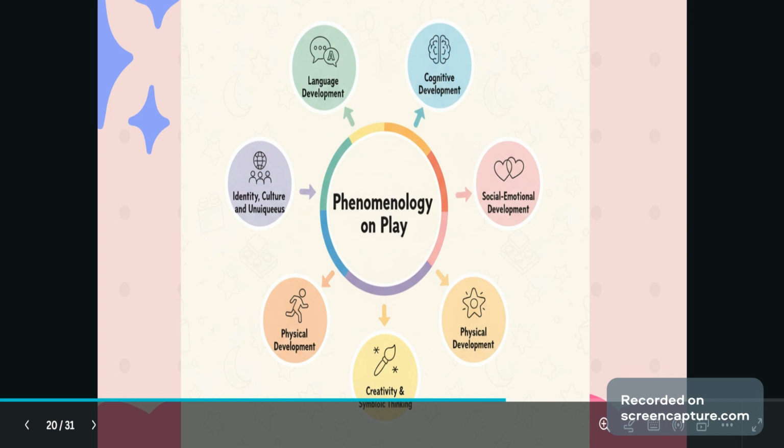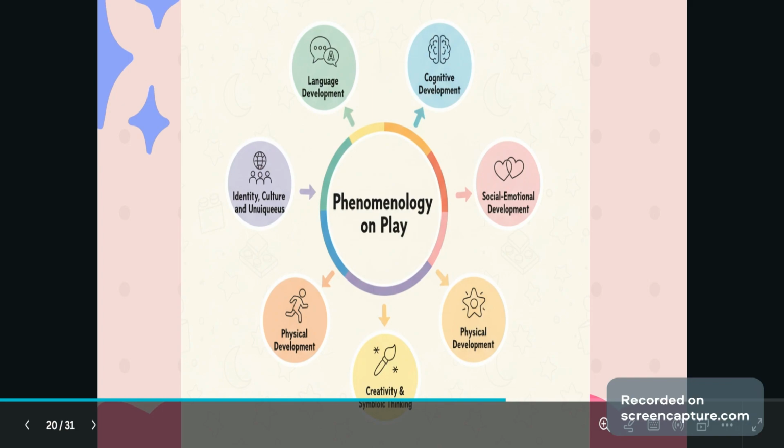Okay, second, we have language development. Phenomenology allows teachers to hear how children use language during play, not only in words, but in the meaning and intent behind them. Through careful observation, us teachers will notice how children negotiate, narrate, and practice new vocabulary in real life context.